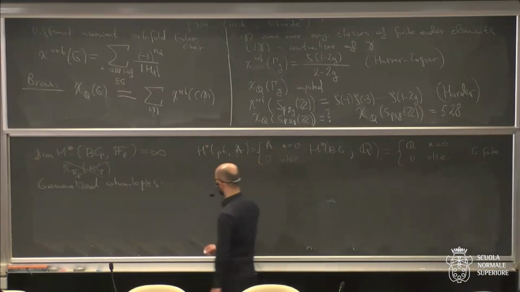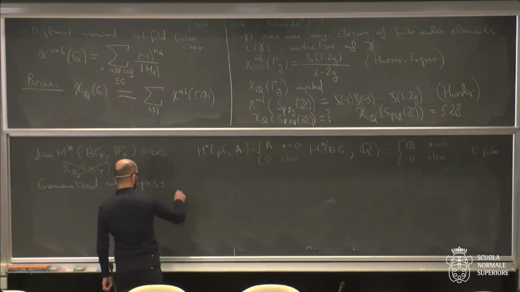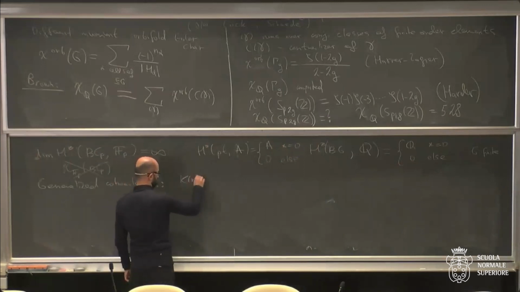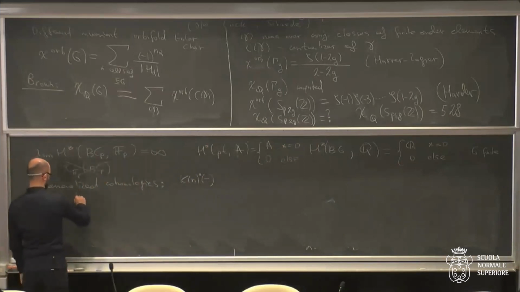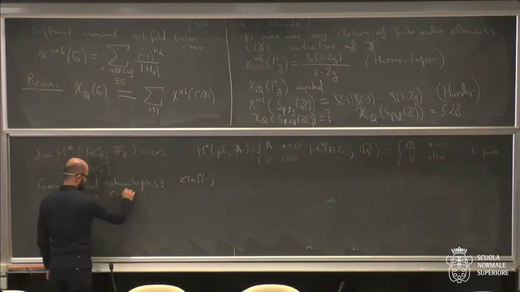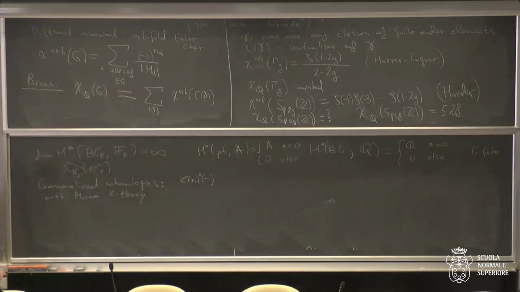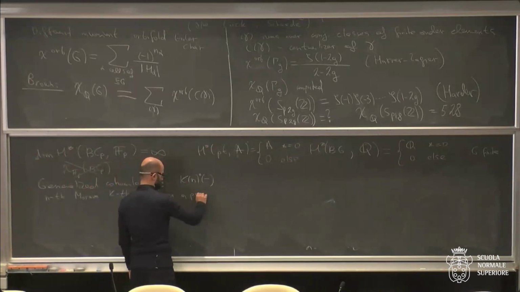Now, what I want to consider today is a generalized cohomology called K_n upper star. This is the nth Morava K-theory, and I will tell you what this is when n is equal to 1 and n is equal to 0. This is always over a prime p.